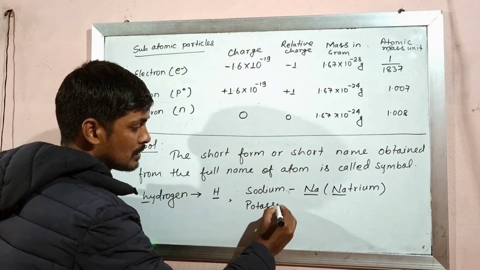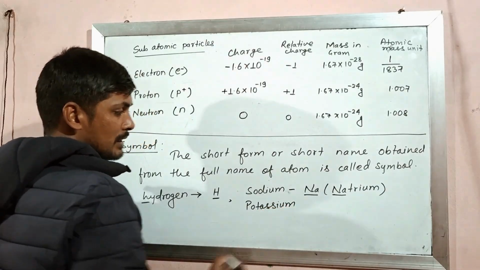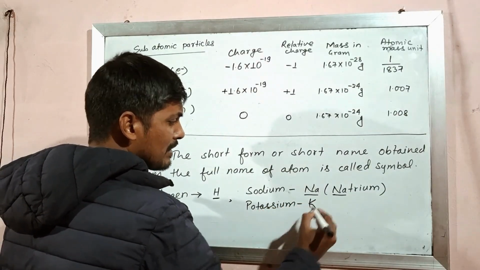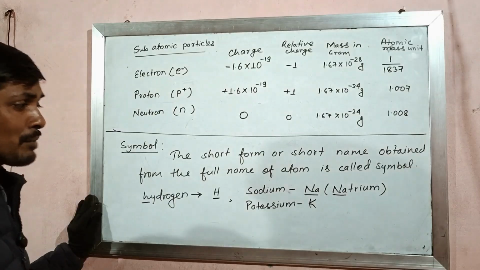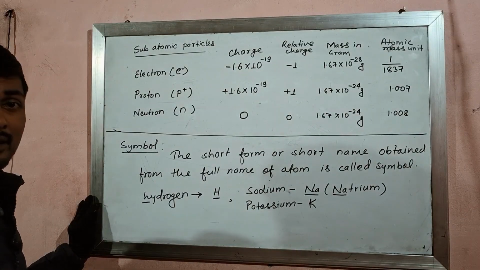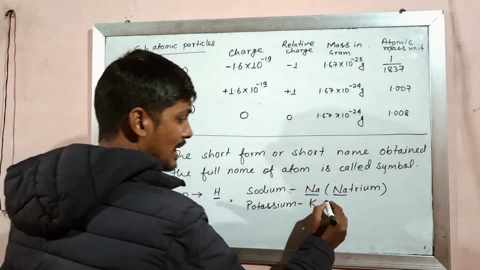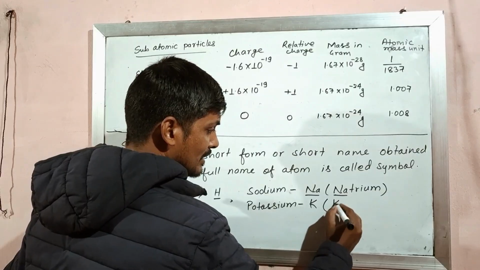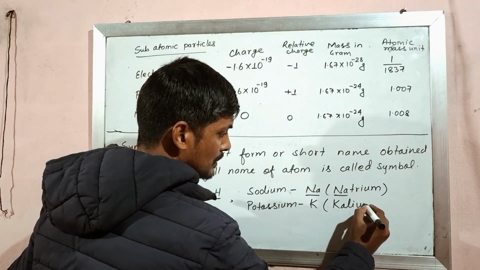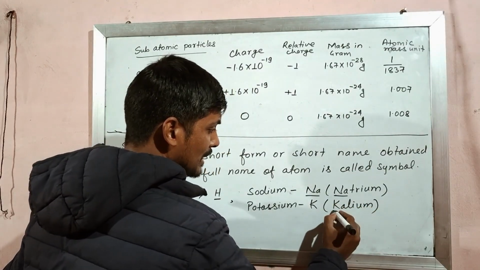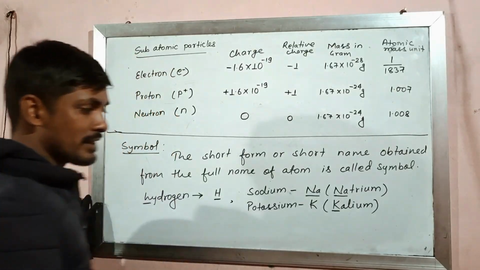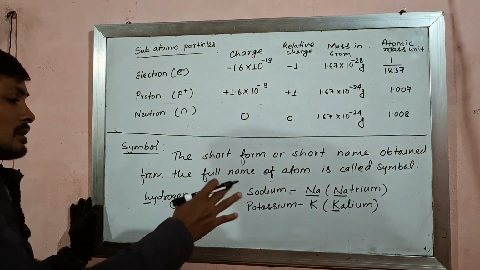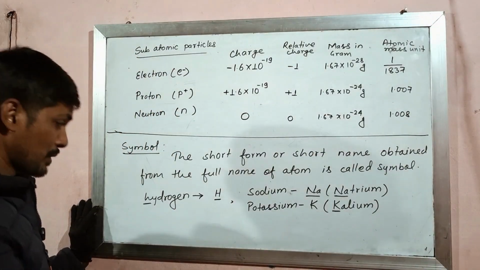Similarly, potassium, its symbol is K. Why is the symbol of potassium K? Because its Latin word is kalium, and from that kalium, the first letter K is taken as the symbol of potassium.